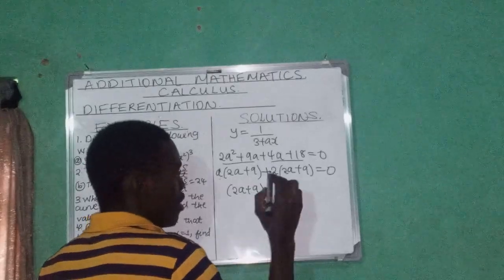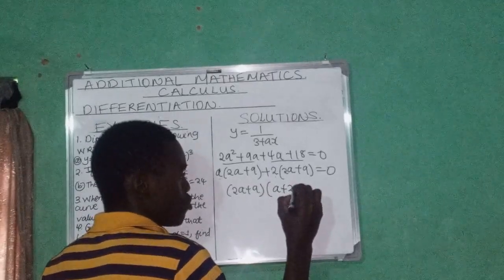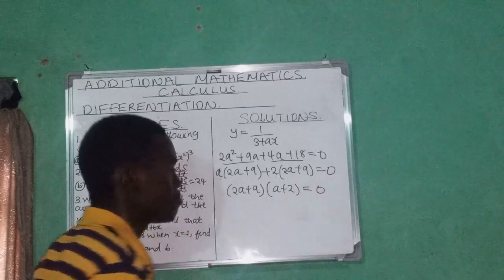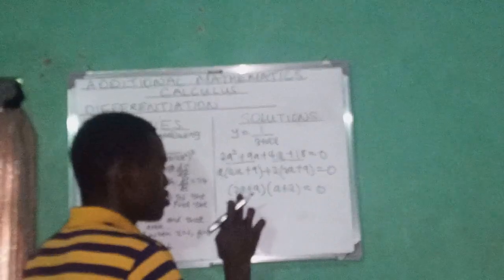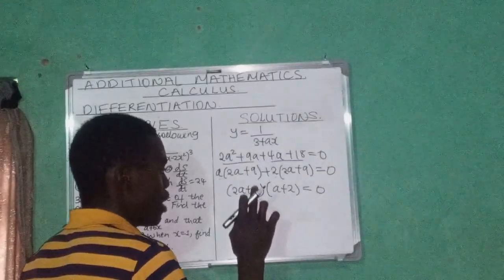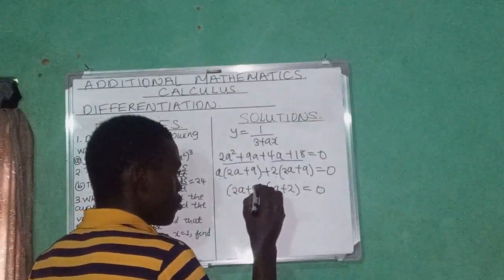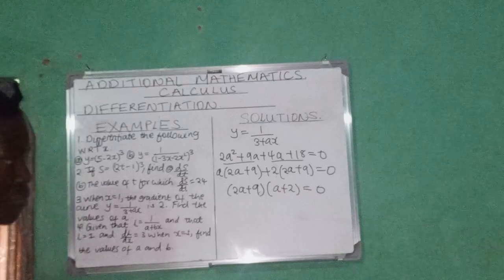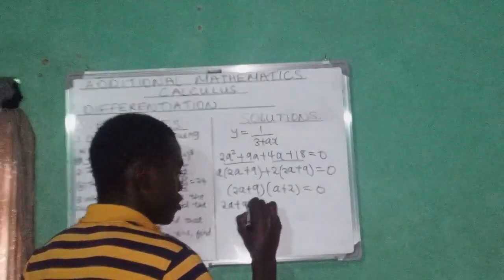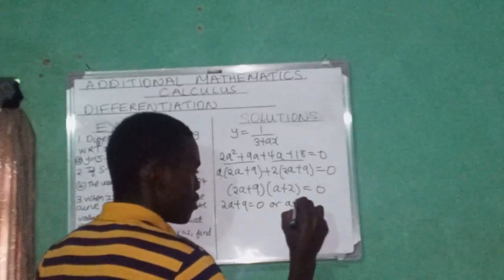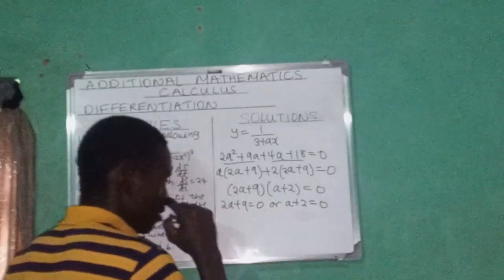So a plus 2 is equal to 0. Take note, this is 2a plus 9. Maybe the way I wrote this 9, someone might get confused. 2a plus 9. Then when we reach this stage, we'll say 2a plus 9 is equal to 0, or a plus 2 is equal to 0.